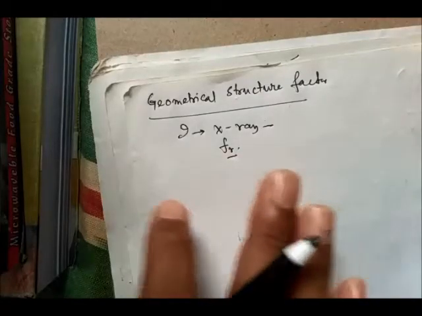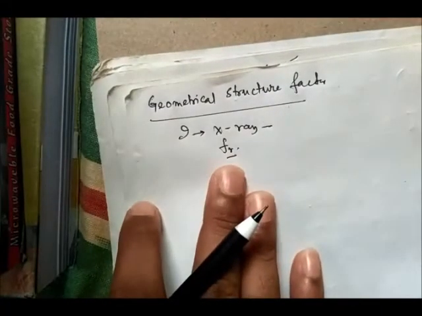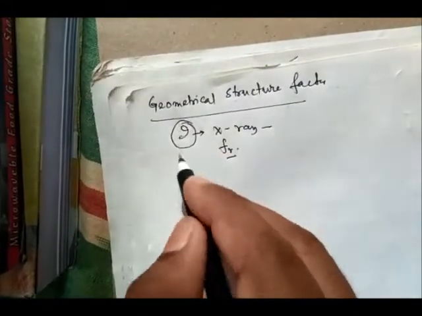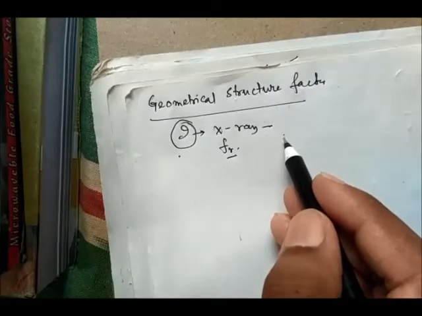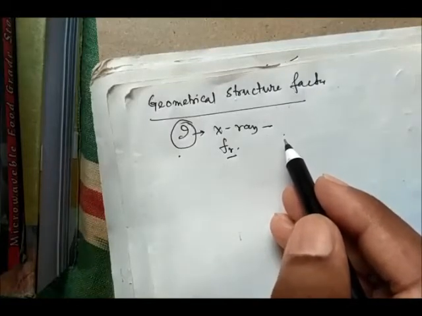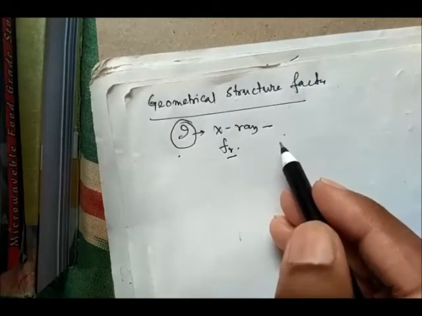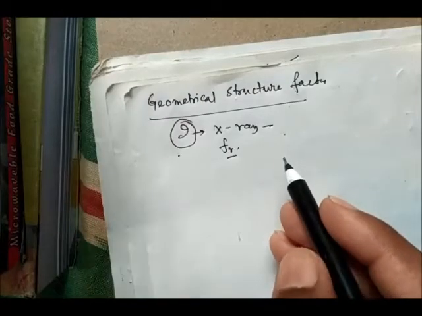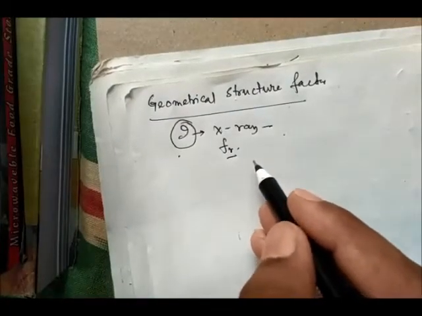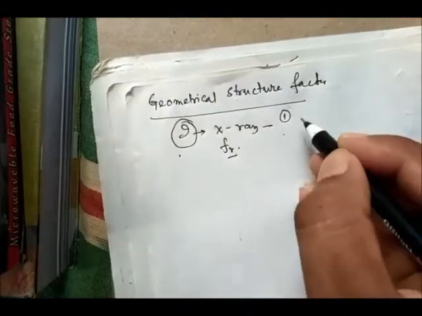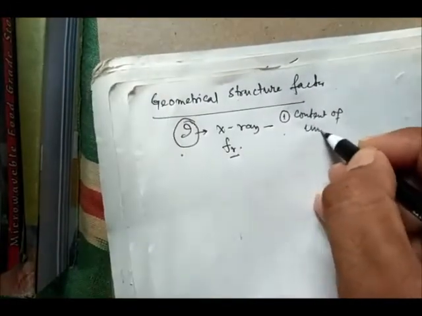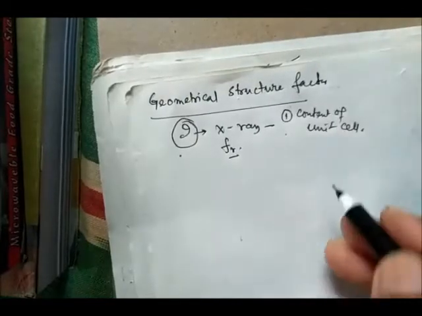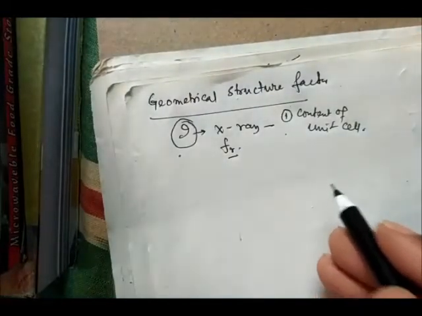So various factors are responsible for the intensity scattered by a crystal that is exposed under X-ray. One of the main responsible parties is the content of the unit cell.